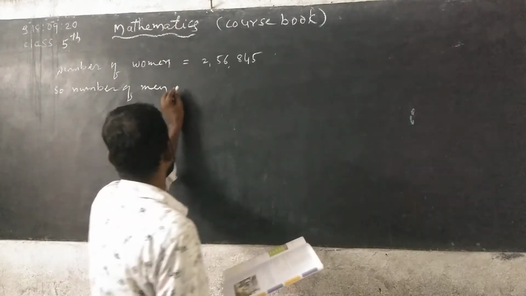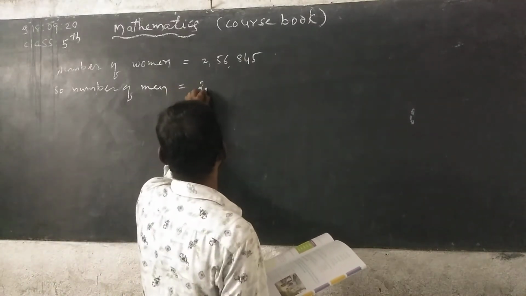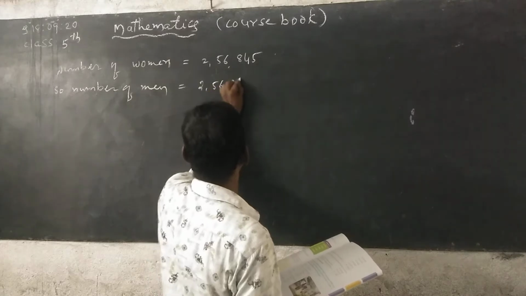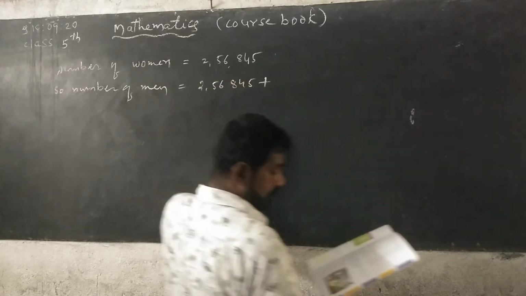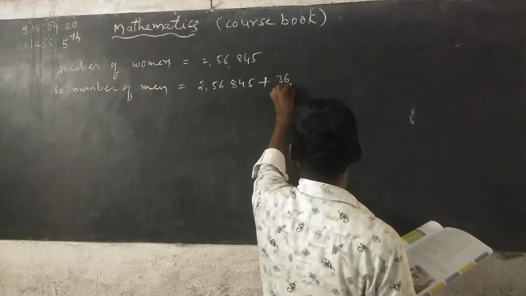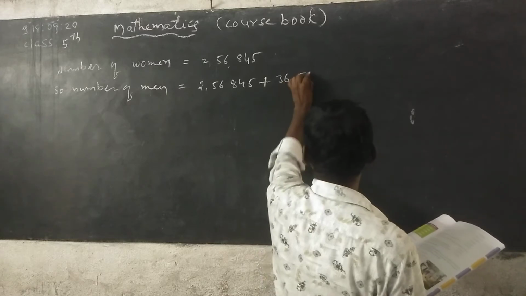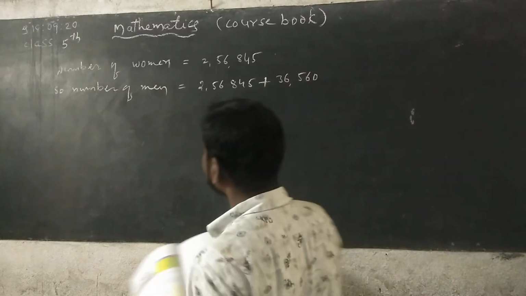Means number of women 2,56,845 plus 36,560, you can get number of men.